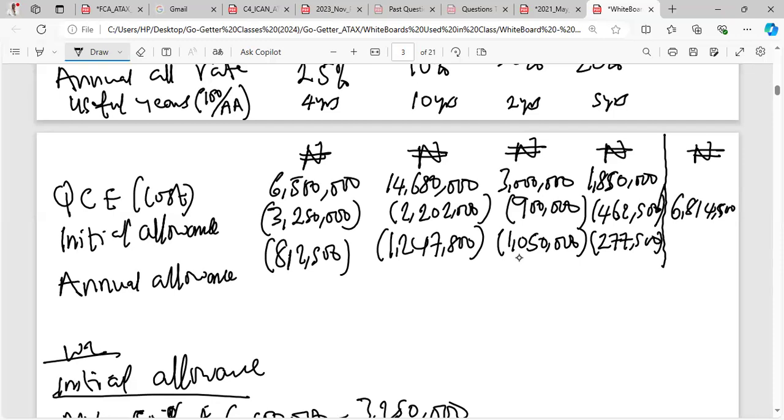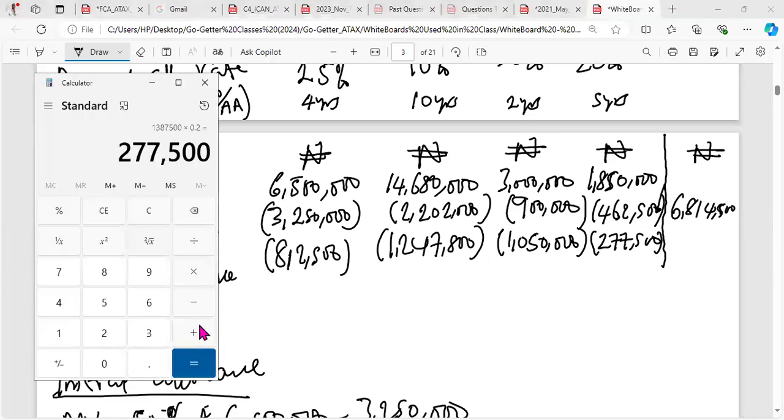So we'll calculate our total annual allowance here. I already have 277,500. I will do from right to left.